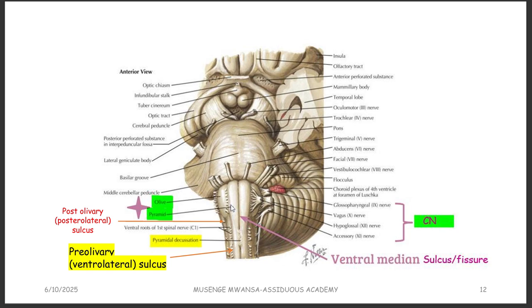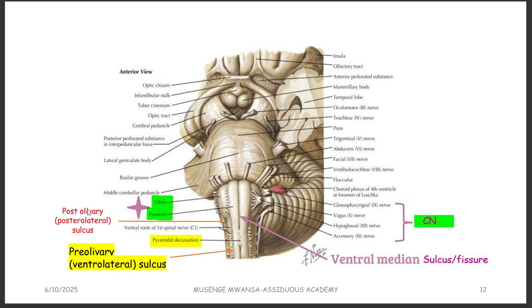We call it the pre-olivary because it's in front of the olives. But it's not deep, so it's not known as a fissure. It's known as a sulcus because it's not that deep. So I've got the pre-olivary sulcus, also known as the ventrolateral sulcus because it is in front but on the side.